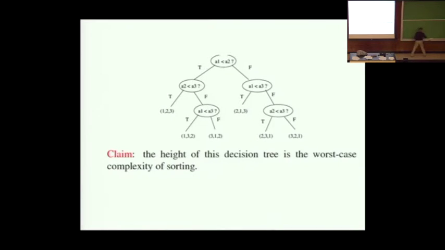Suppose I have an input of 3 items. My input is going to be a permutation, let's say 2, 1, 3. Let's say I'm going to insertion sort 2, 1, 3. What am I going to do? My first step is to compare: is this one bigger than that one? Does everybody agree?